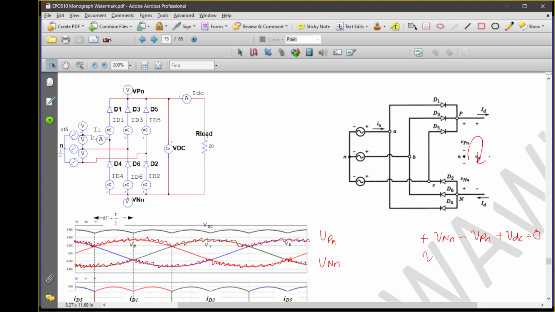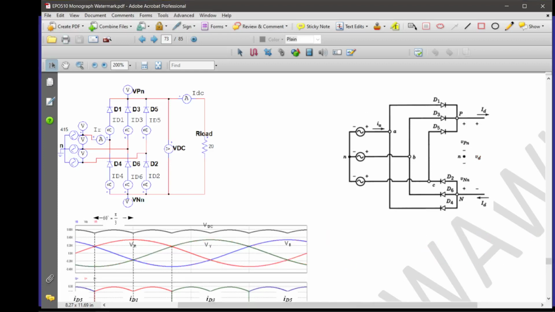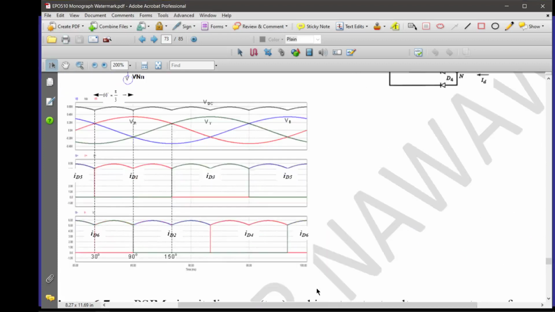And therefore VDC equals VPN minus VNN. Right. So the output voltage is VPN minus VNN. So you can see clearly here, this is VPN.